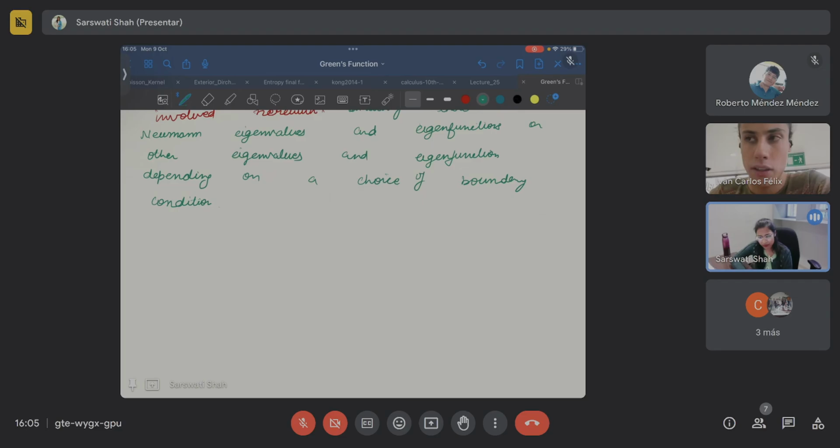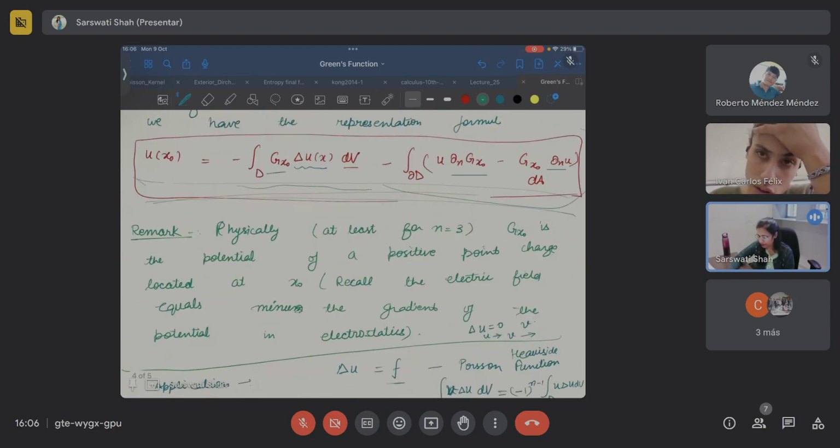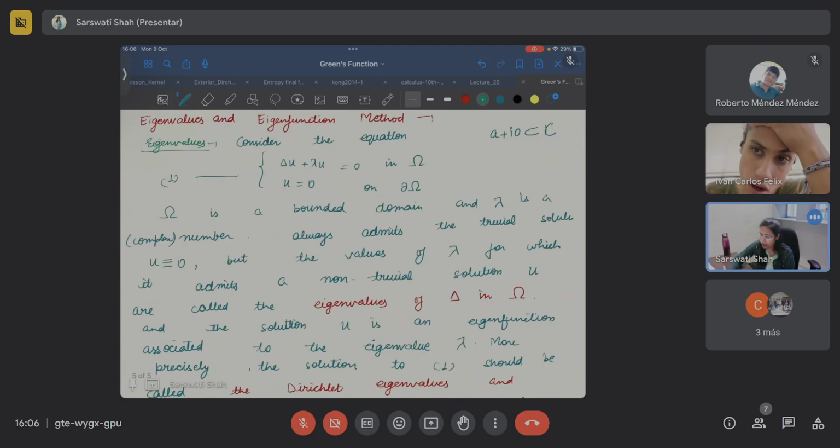Are you confused about the boundary conditions? Yes. How do you find the eigenvalues and the eigenvectors of the Neumann boundary conditions? Yeah, that's what we are going to discuss. Just think about this equation.